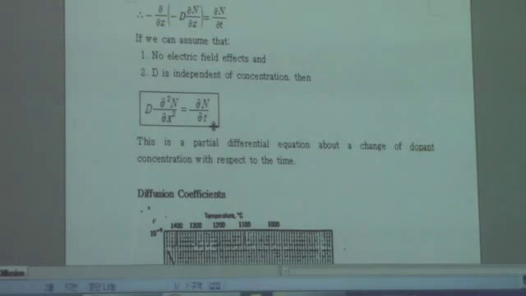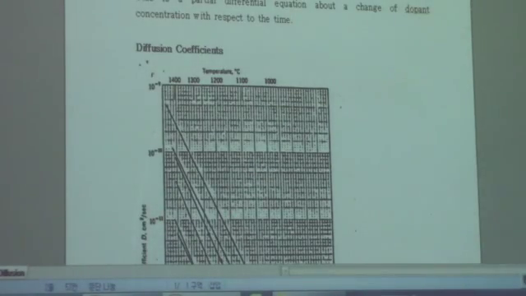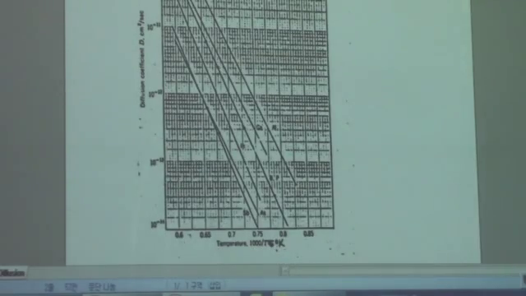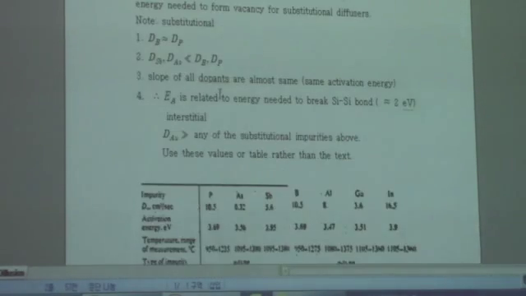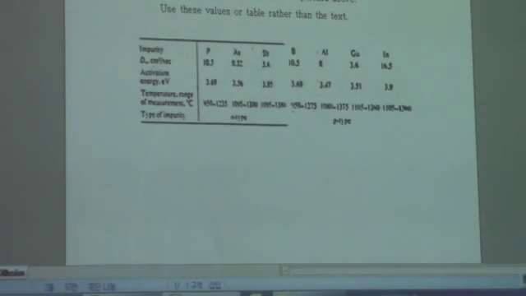And then here are the diffusion coefficients. Most of the important dopant atoms diffuse by substitutional diffusion, and that diffusion coefficient has an Arrhenius plot, and the constants related to it have been tabulated in this table.